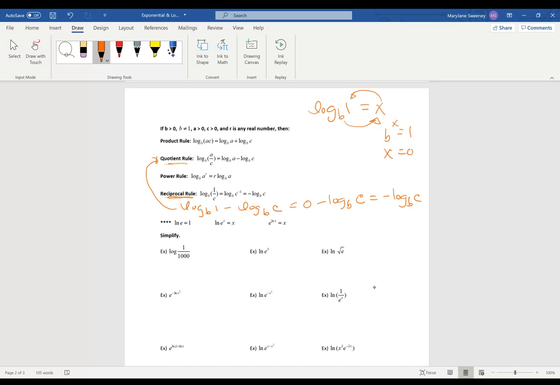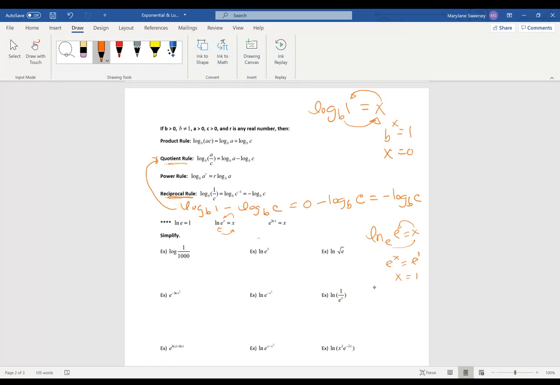Some important ones: ln e is 1, right? Because ln is a log with base e. So that means e to what power is e? Well, that would be e to the first, right? So x is 1, that type of thing. ln means log base e, so it's saying e to the x is x.